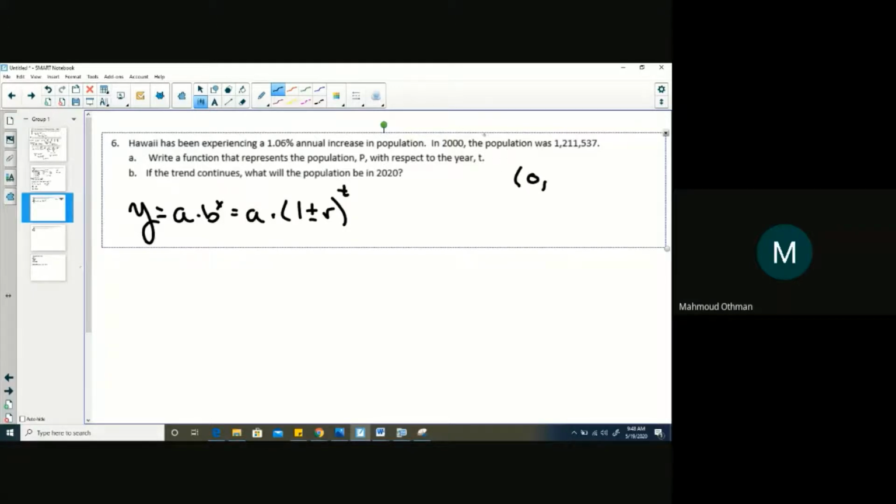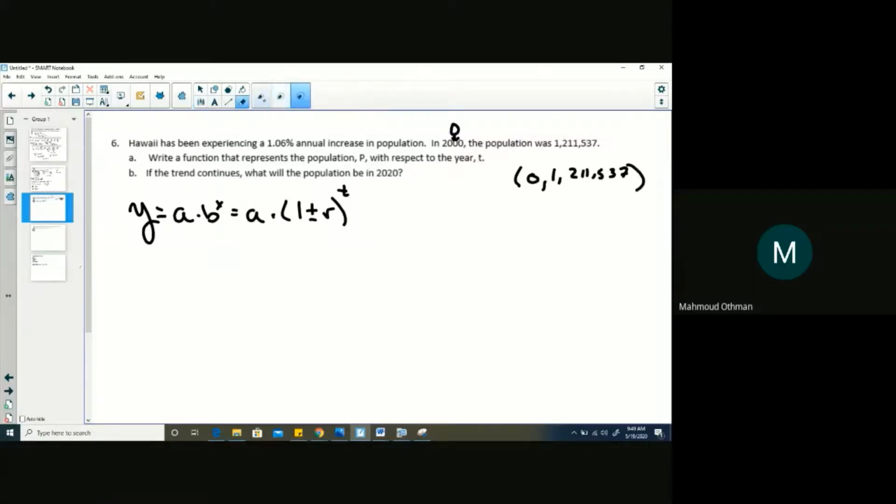Again, year 2000 is your starting year, so this would be represented by the year 0. I have my 0, comma. I will use purple for this one because I have a large number here.